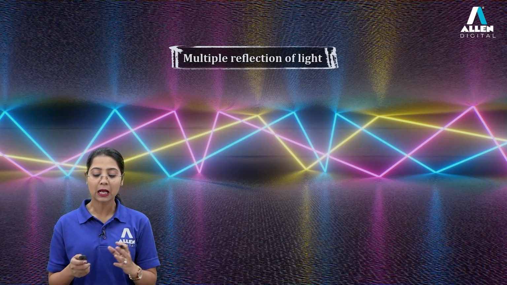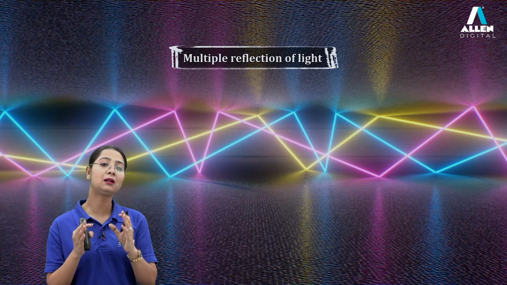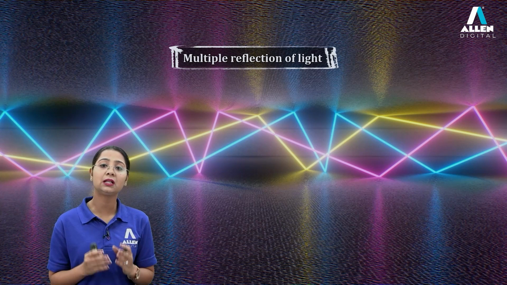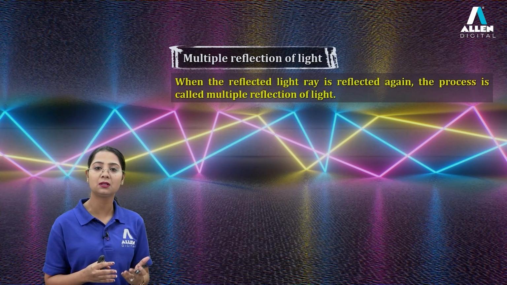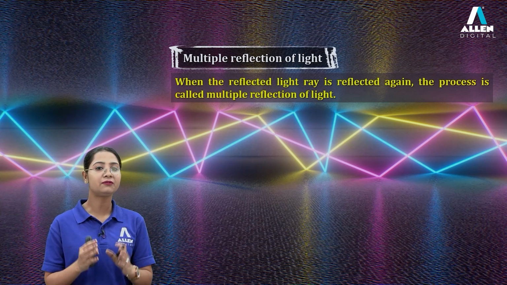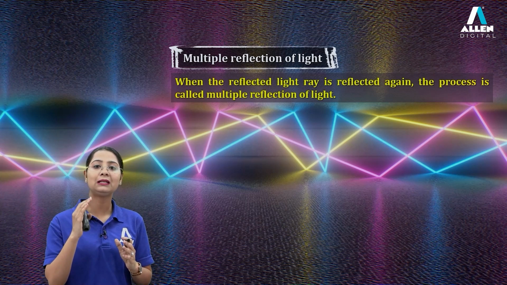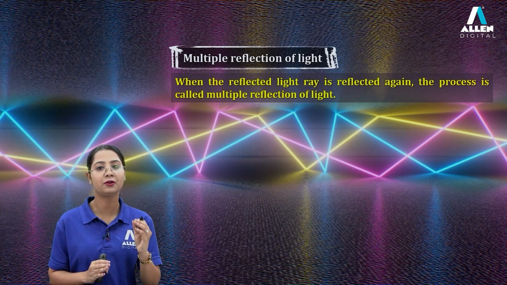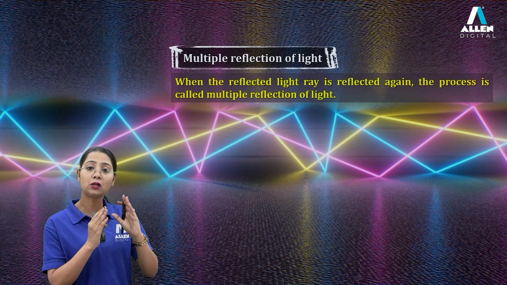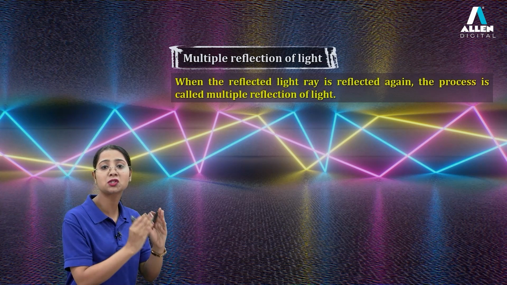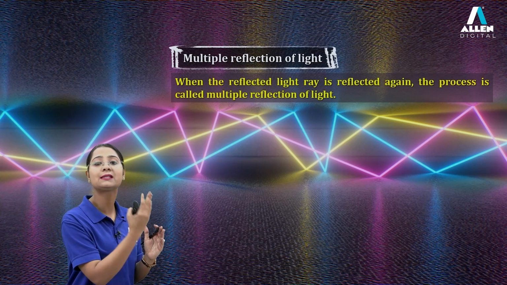Moving further. Now we will discuss, students, multiple reflection of light. If there are more than one mirror, let's suppose 2 mirrors, 3 mirrors, what will happen? Let's suppose one light ray is incident on the first mirror. Then from the first mirror it will get reflected. Now that reflected ray from the first mirror is striking on the second mirror.